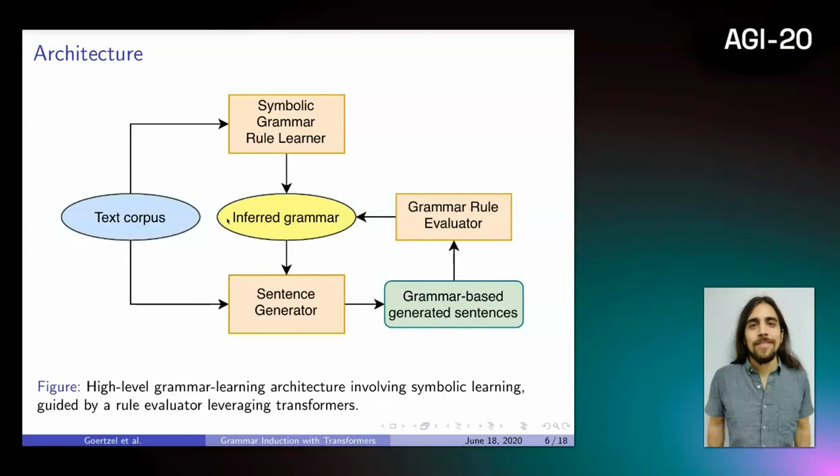Here we have a very high-level schematic of how this could work. If you have a way of learning some grammar rules from a text corpus, which, by the way, I have worked with other people on, an unsupervised grammar learning pipeline which can symbolically create grammar rules without supervision.